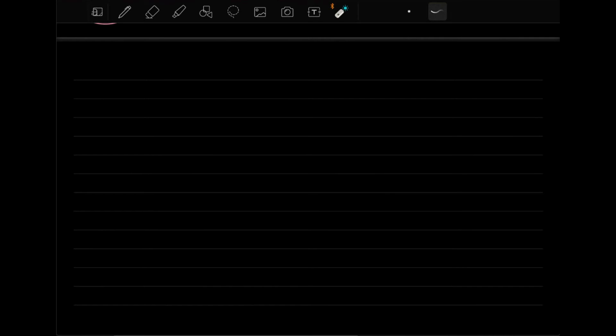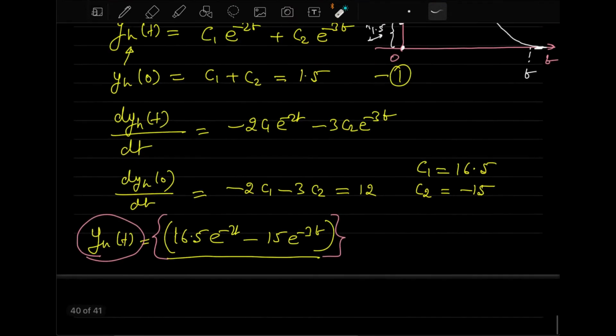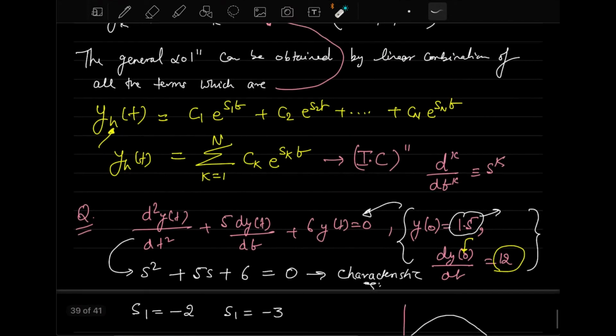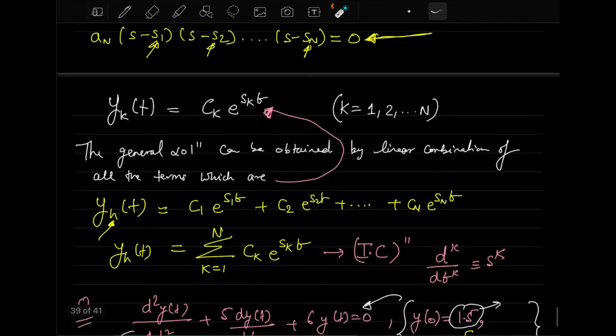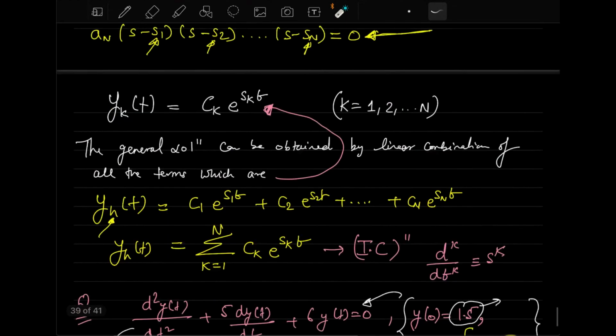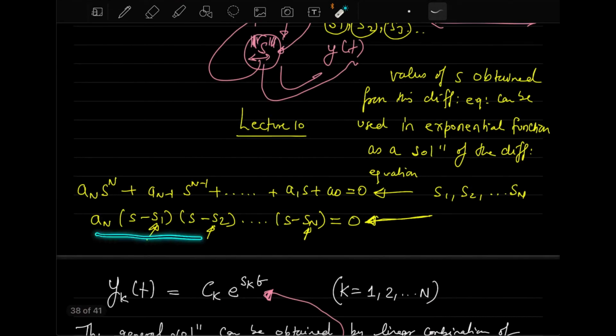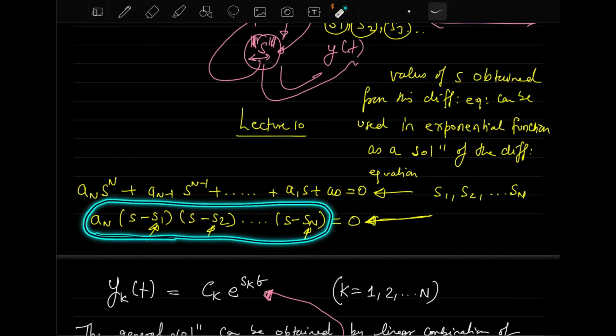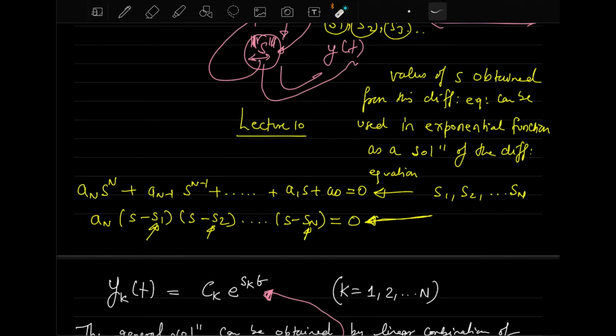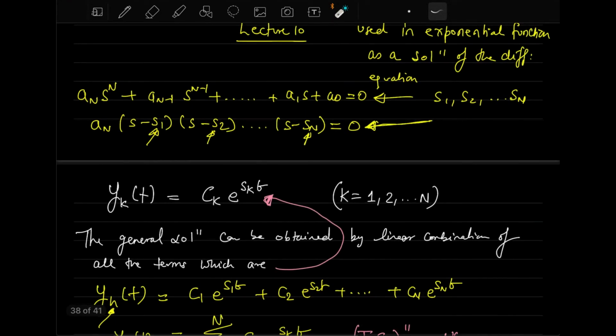In another scenario, there are some cases in which you will get different solutions for these roots. So as I told you, let me go back. These roots which we are getting over here have different cases. The first case is that all roots are distinct and real valued, which is the case we have discussed here.